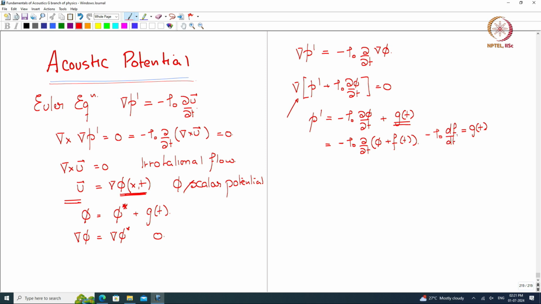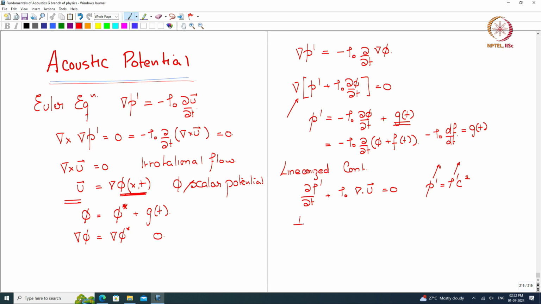But now we have the linearized continuity, which says del rho dash by del t plus rho 0 del dot u equal to 0, and P dash is equal to rho dash c square, the acoustic pressure per unit density, we know that.